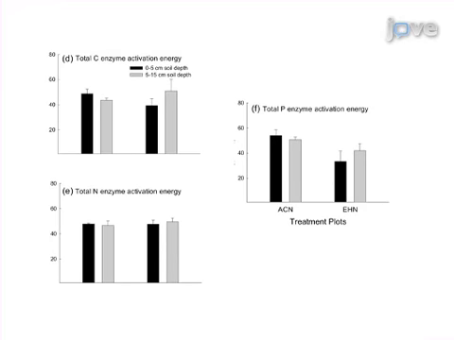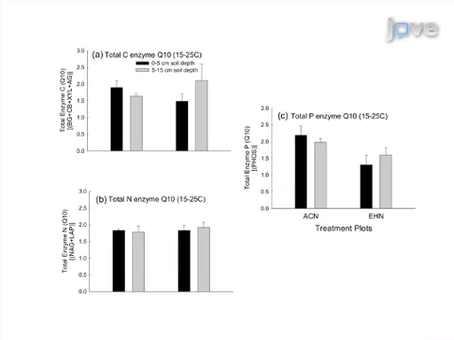Activation energy is commonly defined as the minimum energy required to catalyze a chemical reaction, and is used here as a proxy for the temperature sensitivity of enzyme-catalyzed reactions. Higher activation energy indicates enzyme temperature sensitivity. Likewise, activation energies directly correspond to Q10 temperature coefficient values.